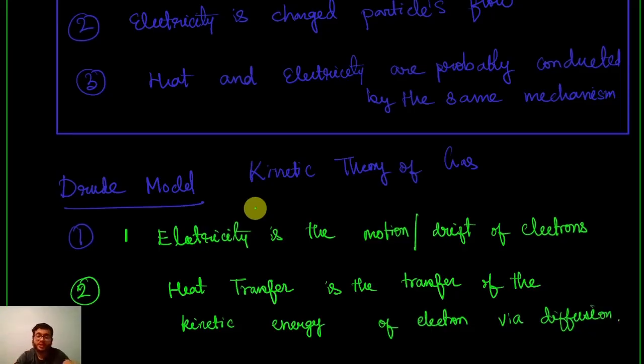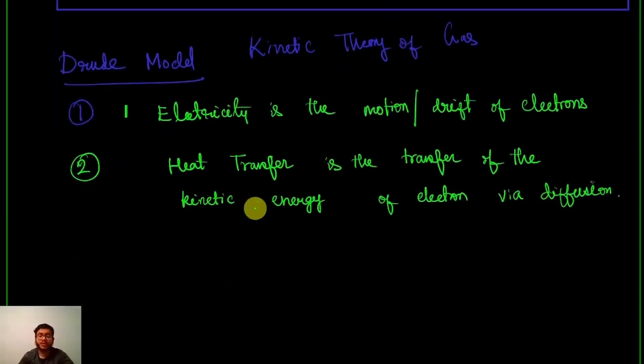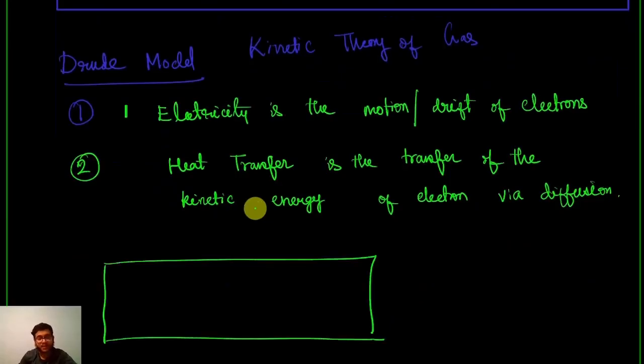So he considered that inside a metal there are centers, there are nuclei, but there are also electrons which are freely flowing. So they consist of a gas.